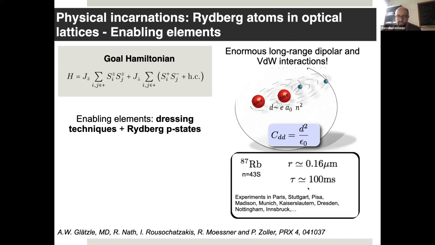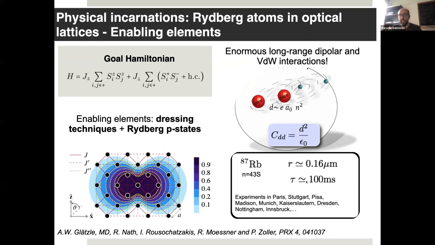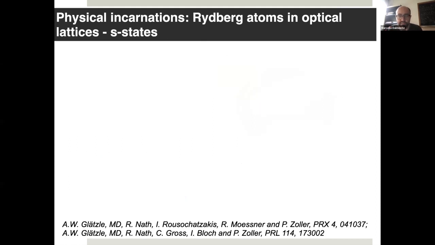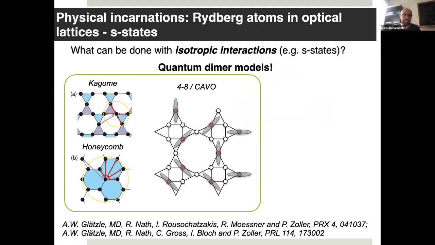These are just a few numbers to give you an idea of the radius of these wave functions and the typical decay time, the lifetime of these states. Through a bit of engineering, of understanding how light can shape the interaction, one can realize plateau potentials which are very similar to the ones needed for this kind of spin ice. And we extended that to other models, Kagome, Honeycomb, and so on.